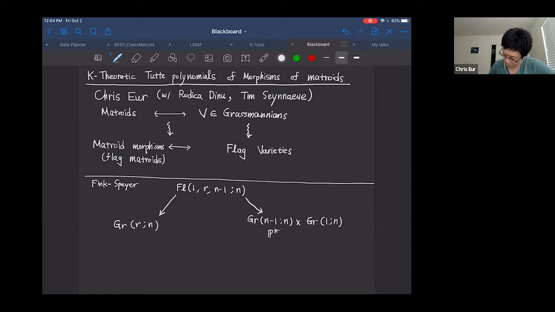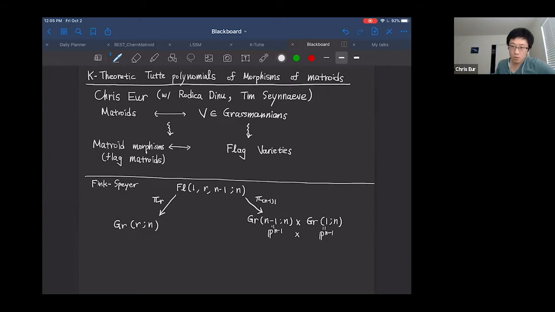These are actually just projective spaces. So I have a map to the product of two projective spaces. Let me name that pi of n-1, 1. And this projection with pi of r. So these are the maps.